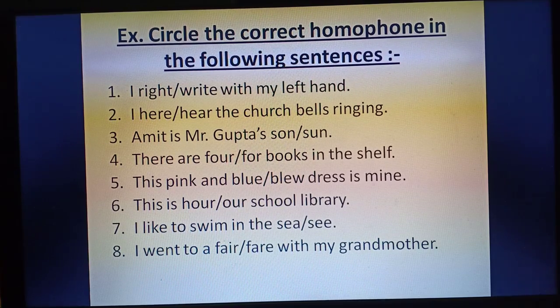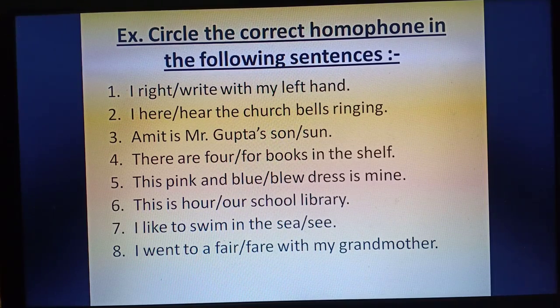Number 5: this pink and BLUE, blue, or BLEW, blue, dress is mine. The correct answer is BLUE, blue. Number 6: this is our HOUR, or OUR, school library. The correct answer is OUR.